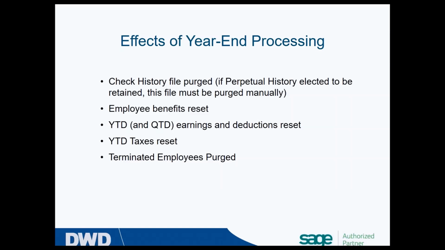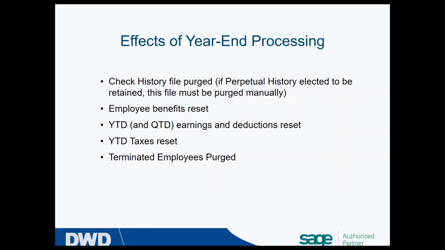Now, the newer versions of Sage 100 actually give us an ability to maintain terminated employees for a longer period of time. That is to help with the Atrix reporting. So it's a minimum of 2 years before those terminated employees get purged.